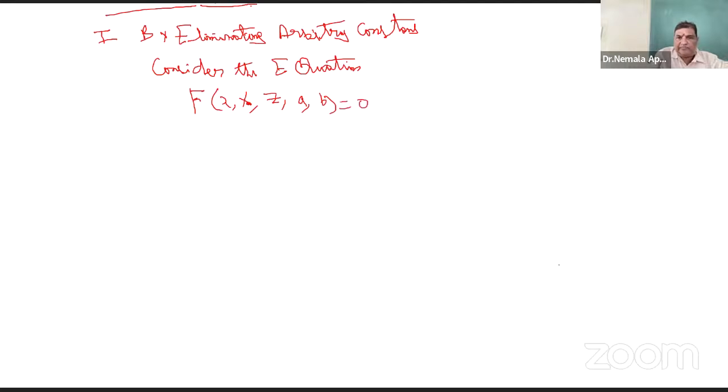Consider this as equation number 1. Here a comma b are arbitrary constants, and let z be regarded as a function of two independent variables x and y.